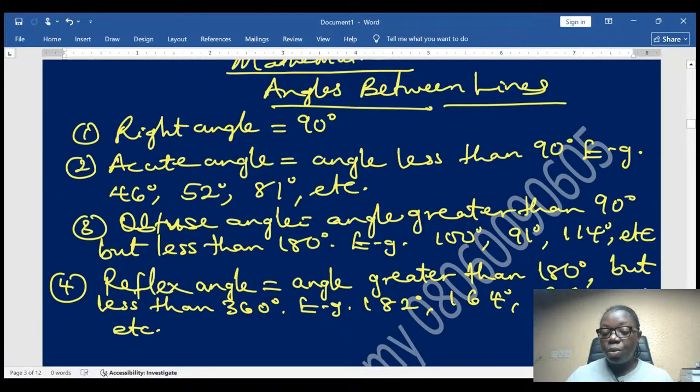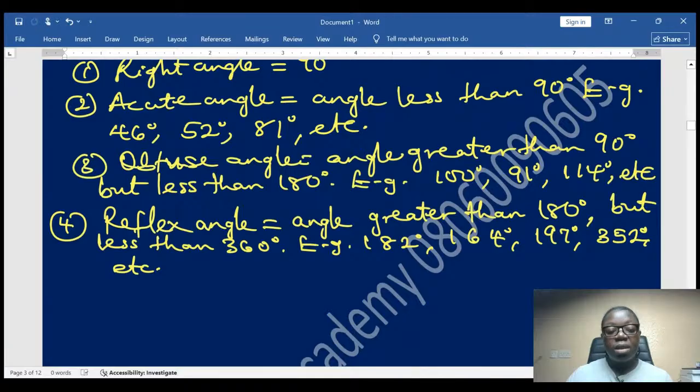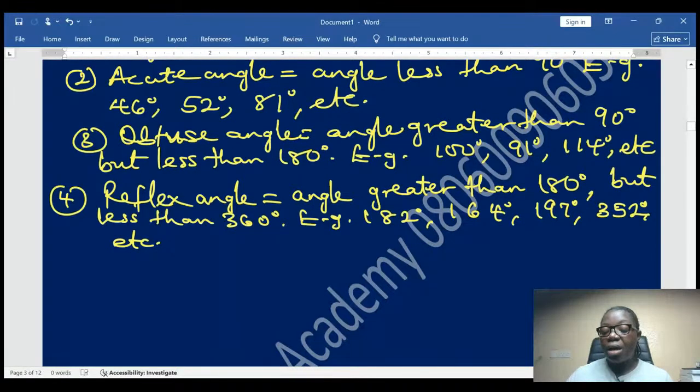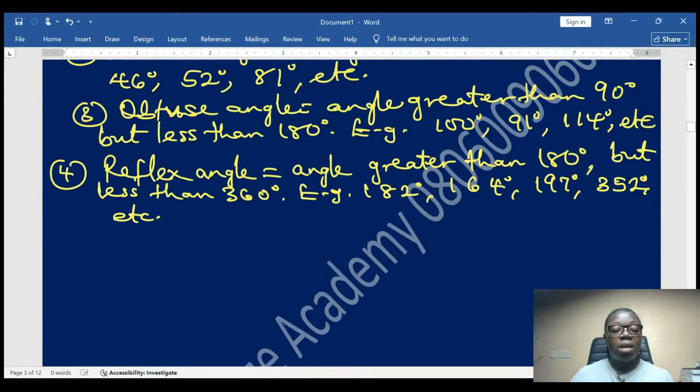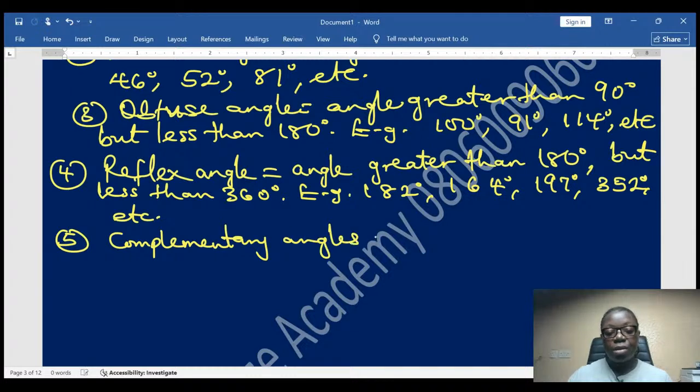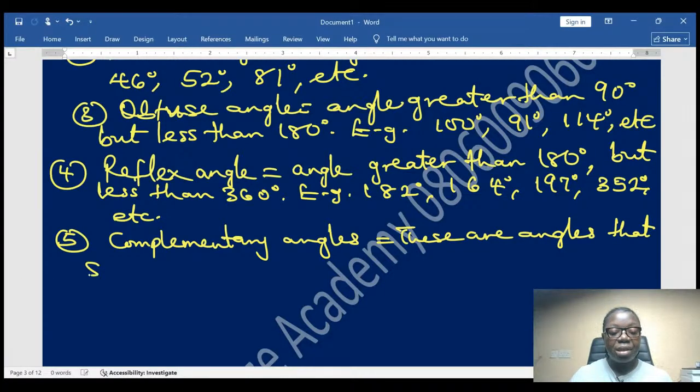Okay, so these are the types of angles that we discussed. Let's see complementary angles. Complementary angles are angles that sum up to 90 degrees.